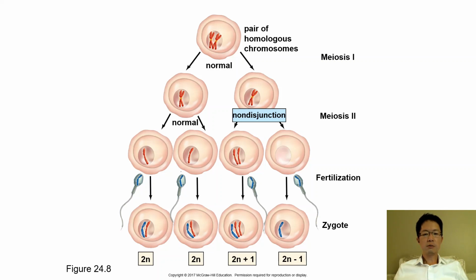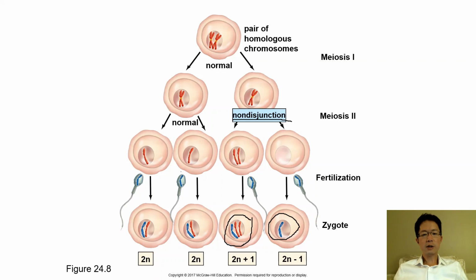So the previous slide shows you that there's a non-disjunction in meiosis 1. What if you have non-disjunction in meiosis 2? Non-disjunction in meiosis 2 greatly decreases the chances of trisomy. You only have 1/4 of the chance to have trisomy and 1/4 of the chance to have monosomy.